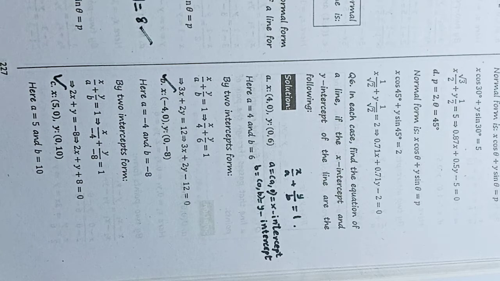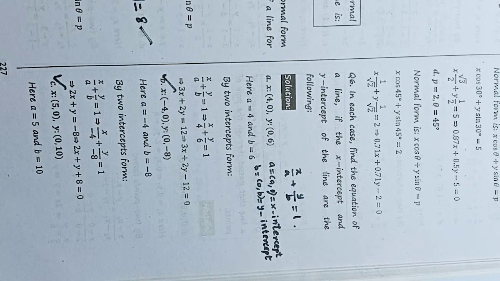Students, in this question, we are given the two intercepts and we have to find the equation of the line. You know that if the x-intercept is (4, 0), then here the x coordinate is 4, so we have a is equal to 4. And the y-intercept is (0, 6), and the y-intercept is denoted by b, so we have b is equal to 6.